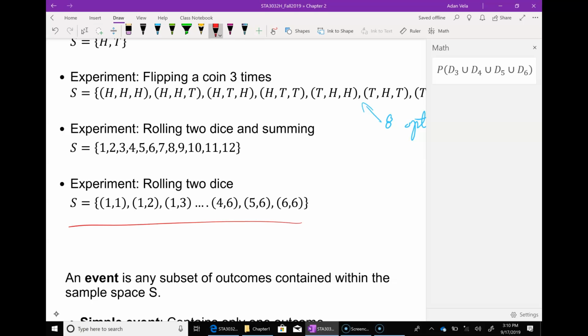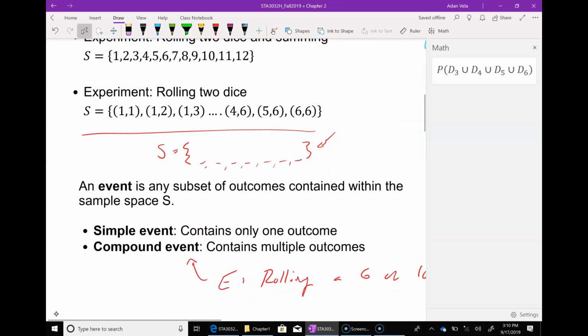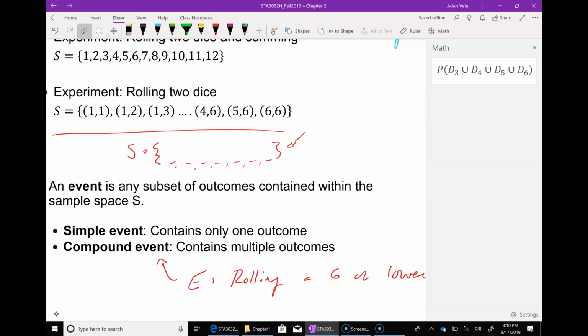If you don't know what a set is, it's basically just a list of objects, and usually we denote it with curly braces on both sides. A subset is just taking some of those elements out and defining its own set.